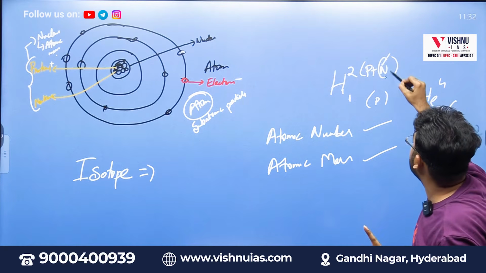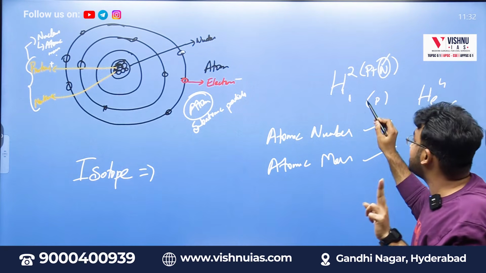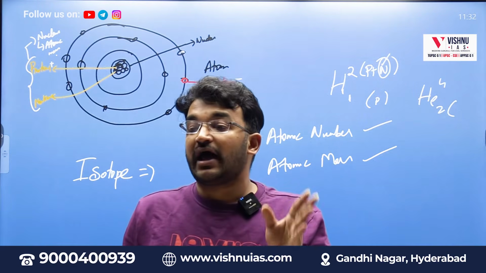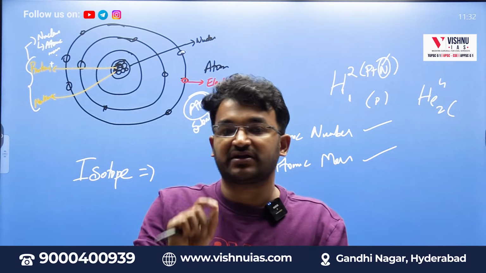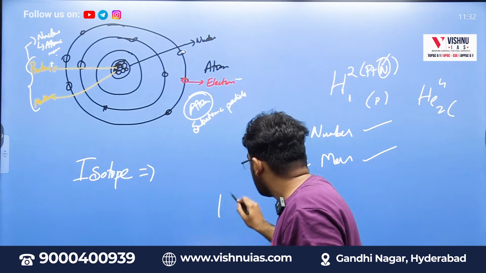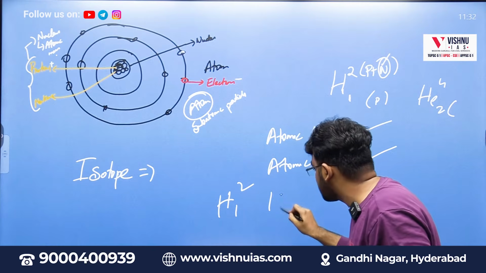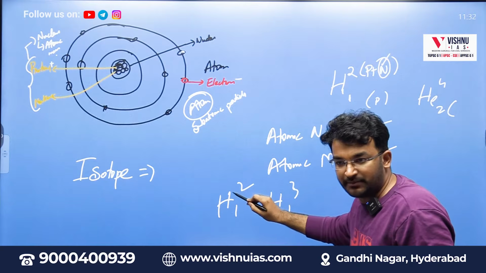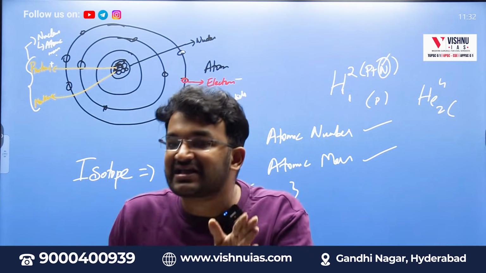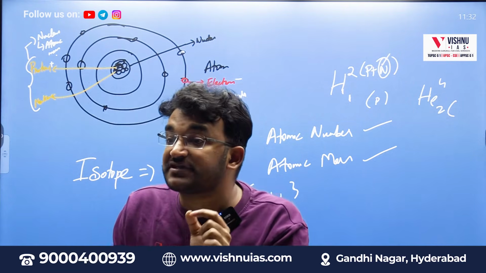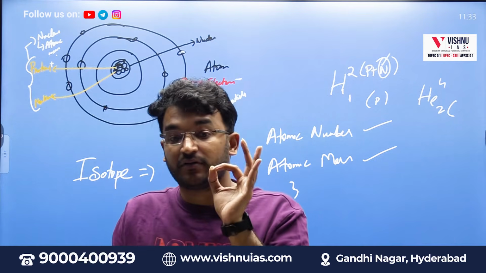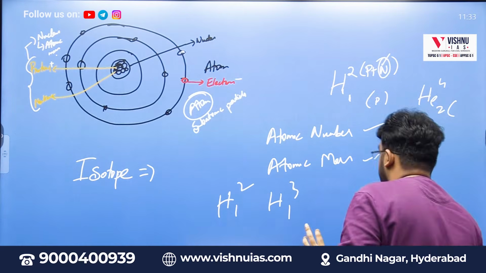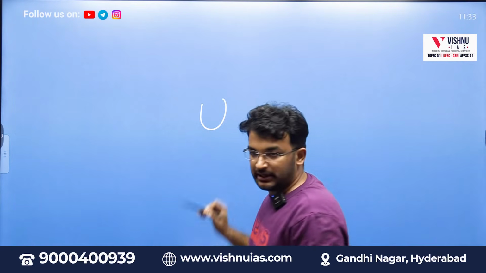That means if the number of neutrons changes with the same protons, we call them isotopes. For example, H12, H13, deuterium. So if mass is changed because of a change in the number of neutrons, we call them isotopes.